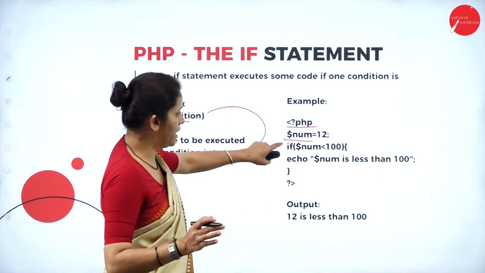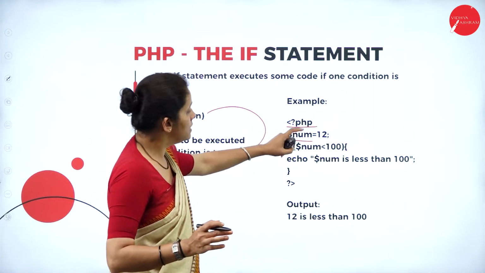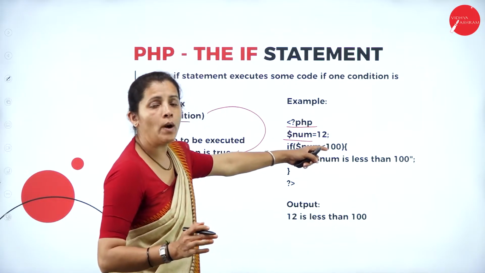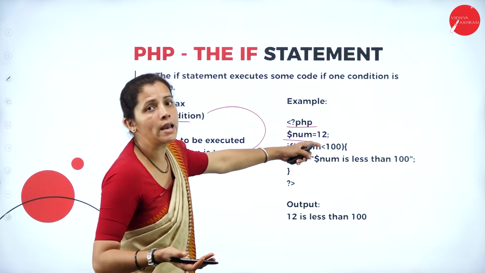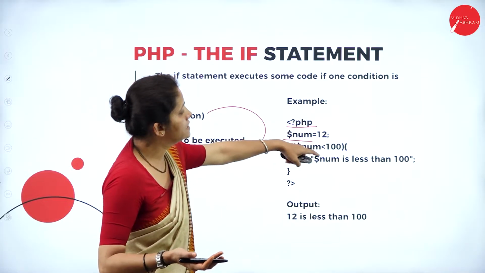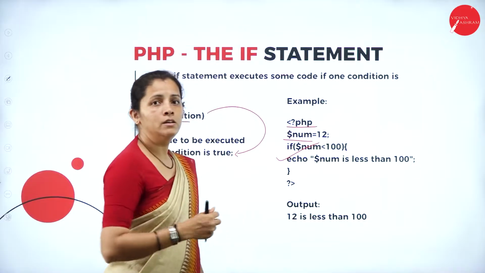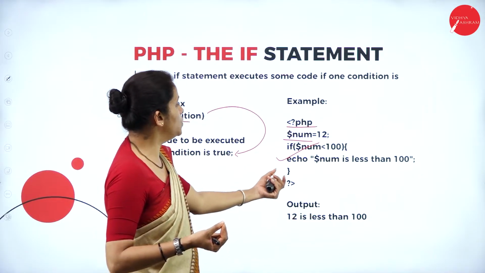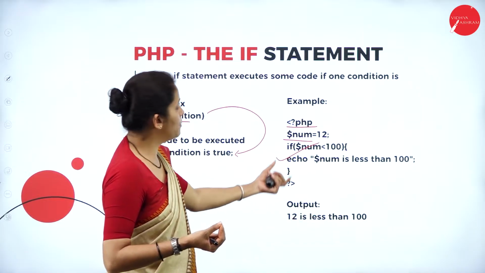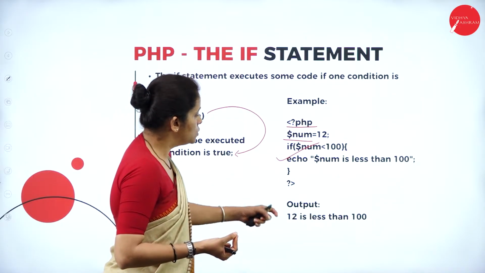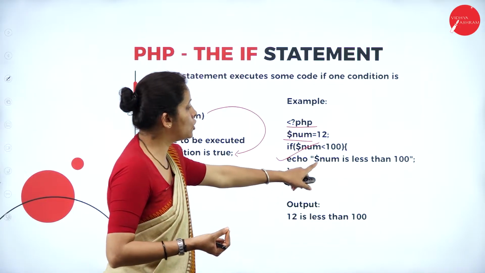I'm checking if number less than 100. So what does my number hold here? That is the value 12. So 12 less than 10, it is true. So I'm printing. To display here, I'm going to use the echo method. So what's my output? That is $number.